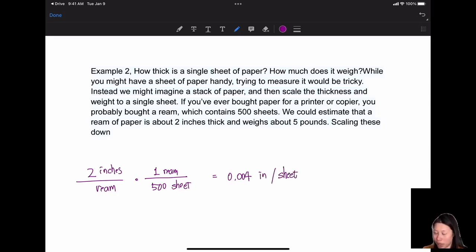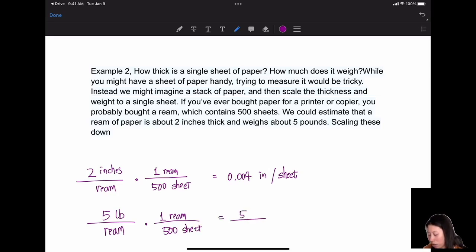And now for the weight, it's the same. So for each ream, it weighs 5 pounds. And then we know that one ream contains 500 sheets.